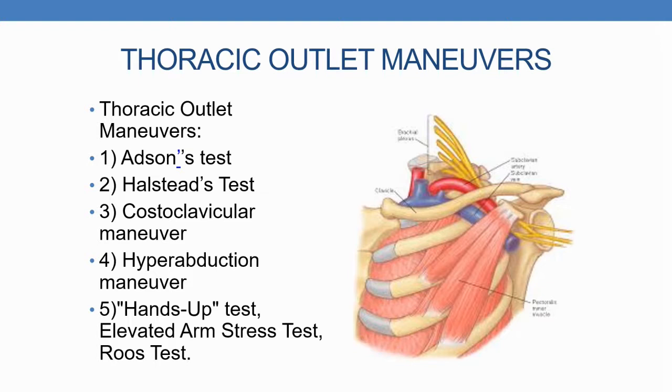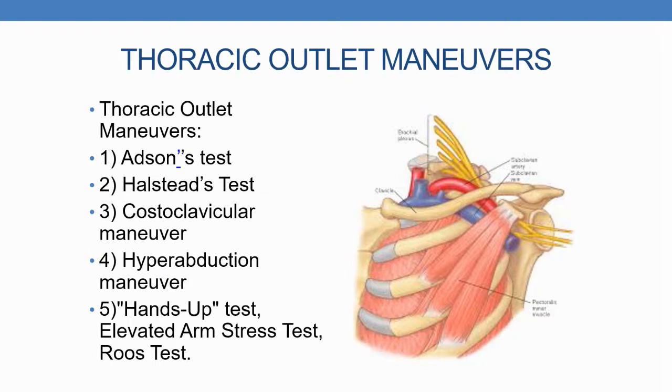Okay, so let's first talk about Adson's test and Halsted's test. The purpose of these two tests is to determine if the compression of the neurovascular structures is taking place at the scalene muscles.